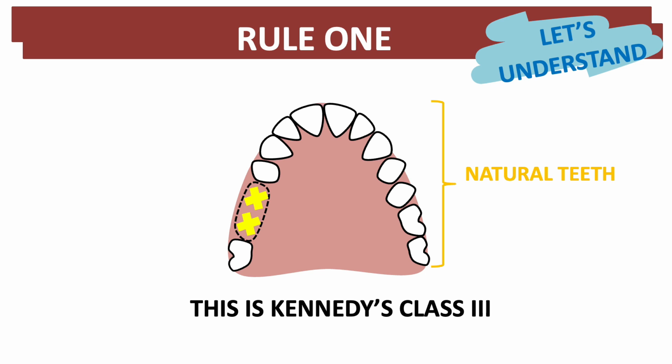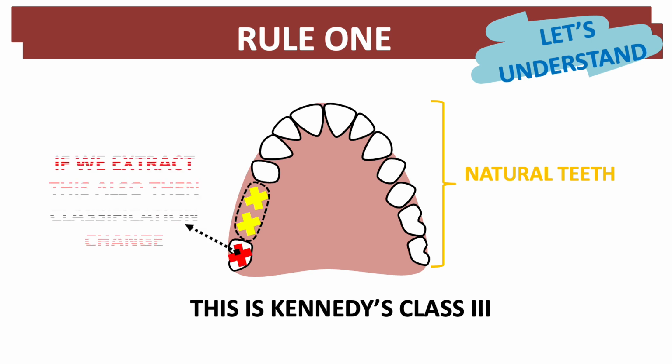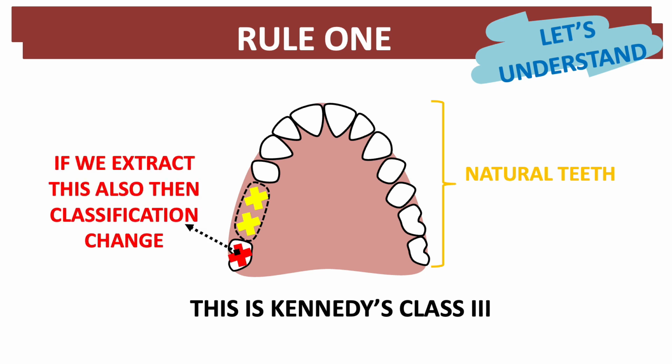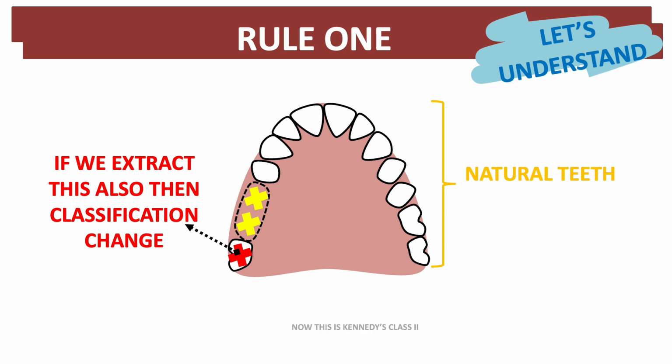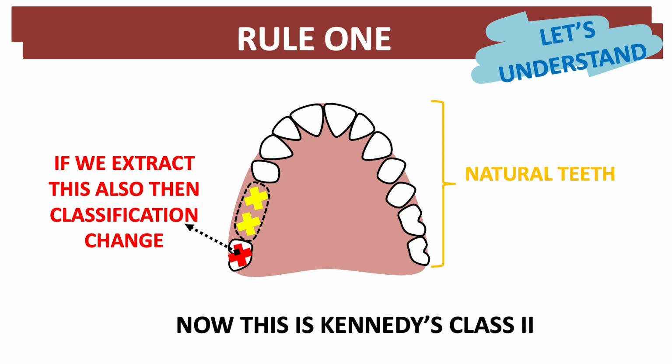If we are going to extract the second molar, then this alteration we have to include in the classification. So if we are extracting the second molar, then this also changes the classification. Now from Kennedy's class 3, the classification changes to Kennedy's class 2 after extraction of the second molar.